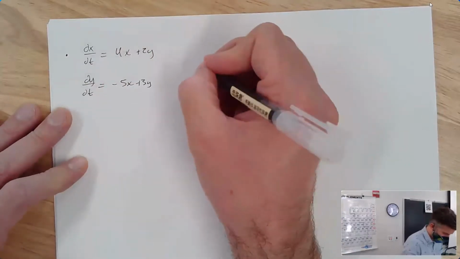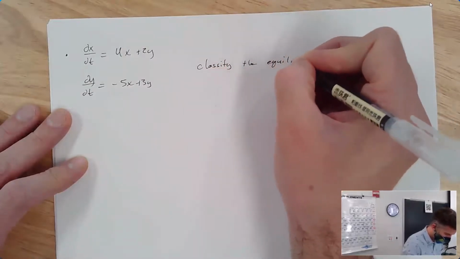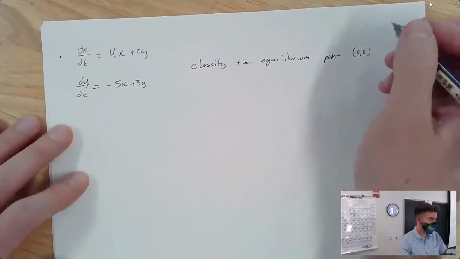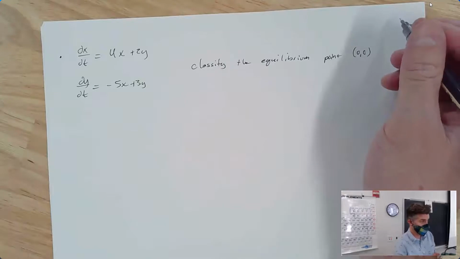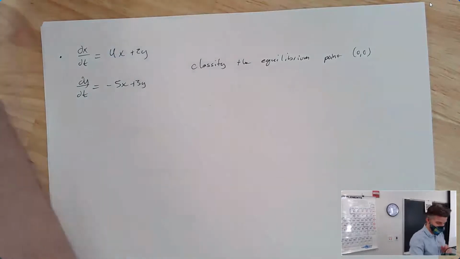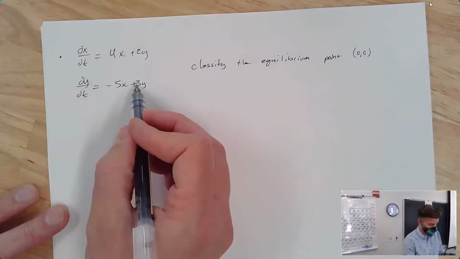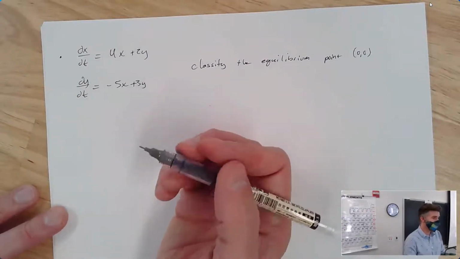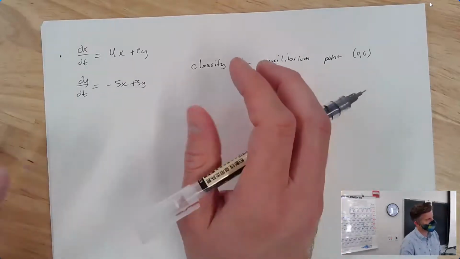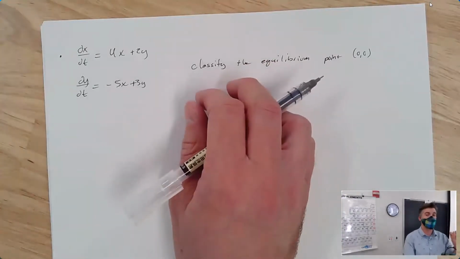And we want to classify the equilibrium point, which we know is the origin. It can't be anything else. I should just stress, eventually that's not going to be true, right? But as long as it's a multiple of x plus a multiple of y, a multiple of x plus a multiple of y, as long as they're linear systems of differential equations, the origin is the only equilibrium. And I'm going to qualify that in just a second because that's not 100% true.